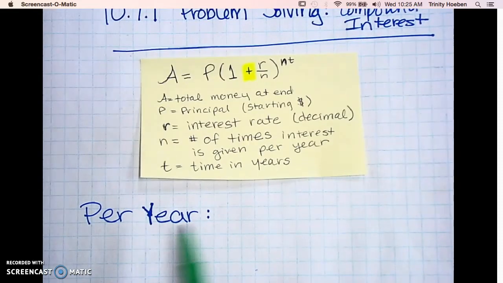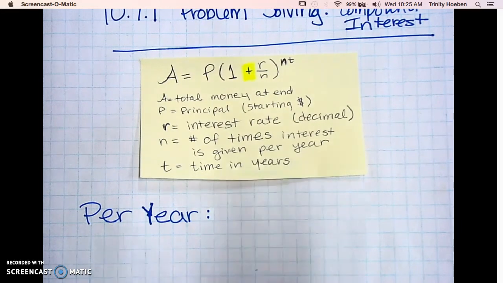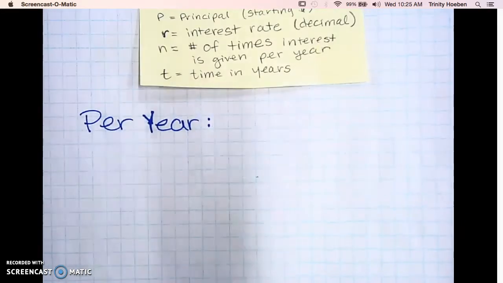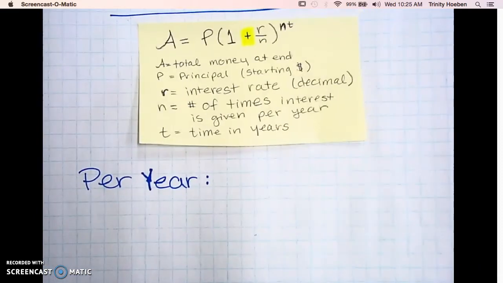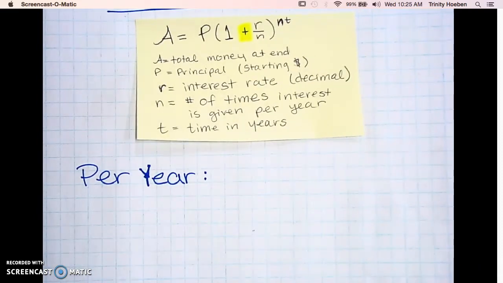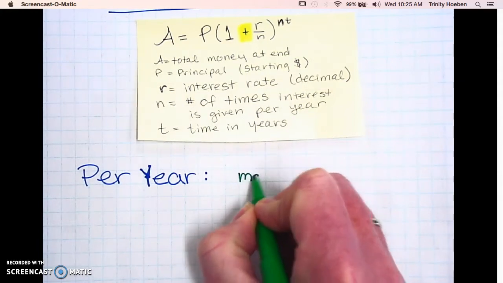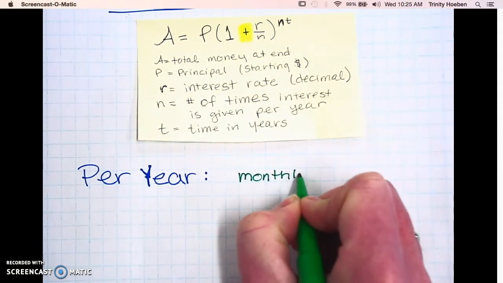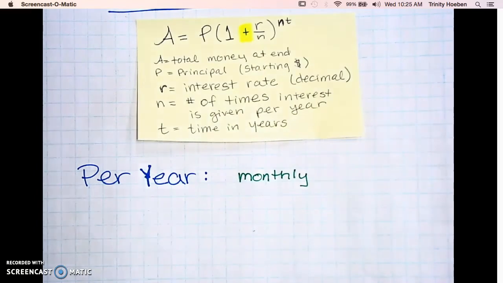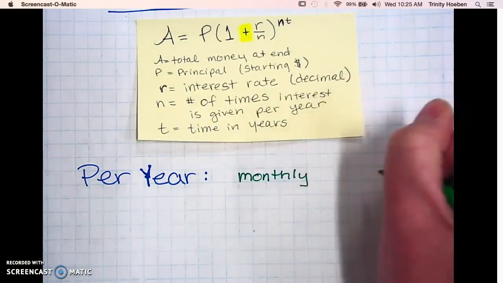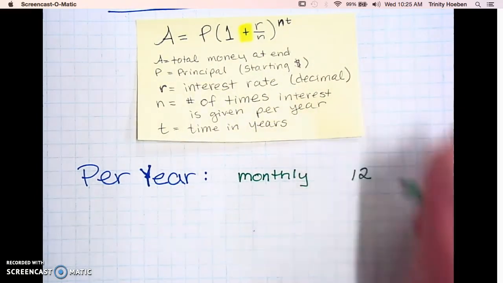All right, so there's 2 things that we need to talk about. As you get older and you learn more about loans and the value of things, these terms will be more familiar to you. But for now, let's just go over them. So if you see in a problem that it says monthly, that means that the number of times per year is going to be what? 12.